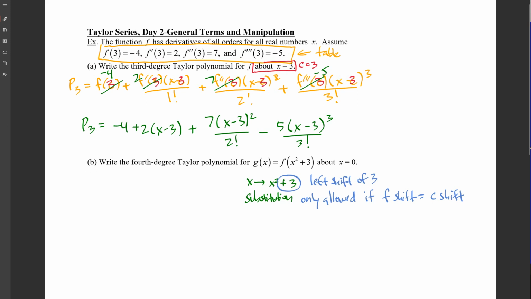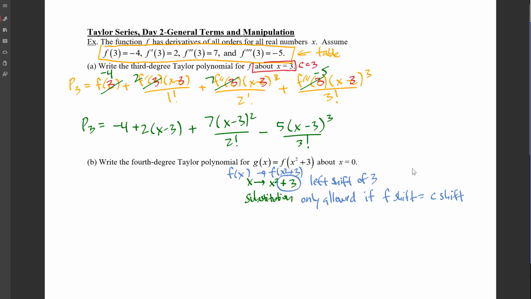And what was my center? In the original f problem, the function went from x to f of x squared plus 3, so that was a shift left of 3.